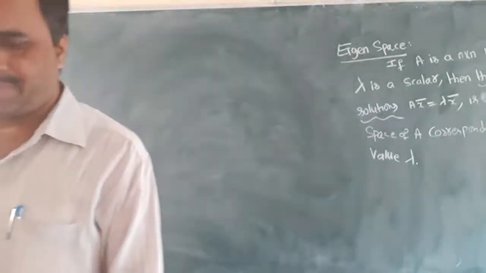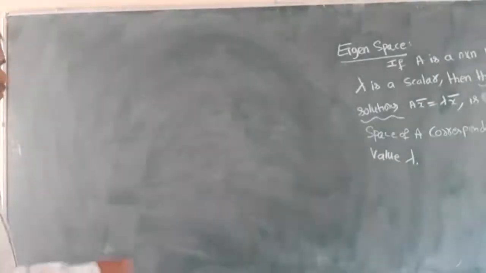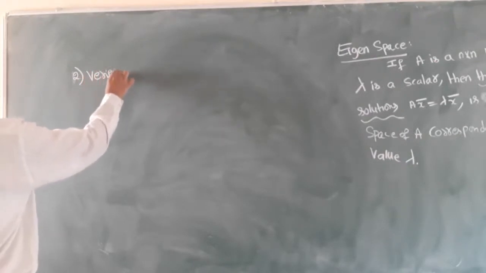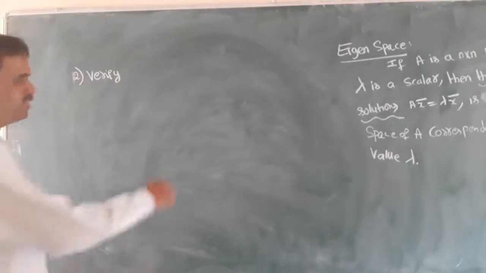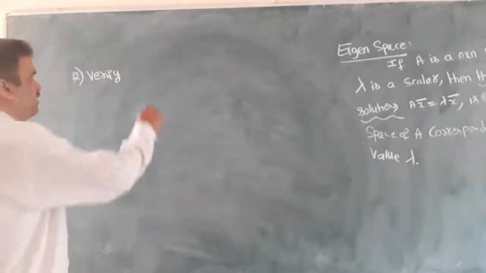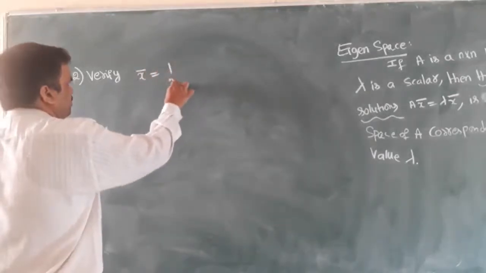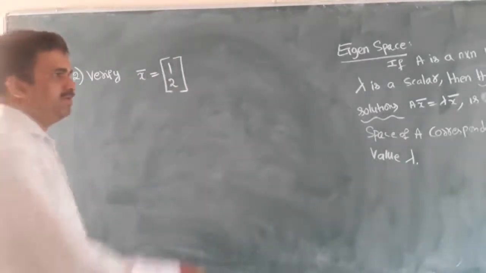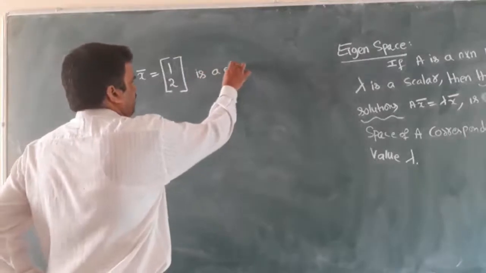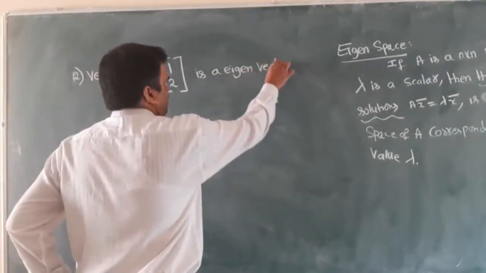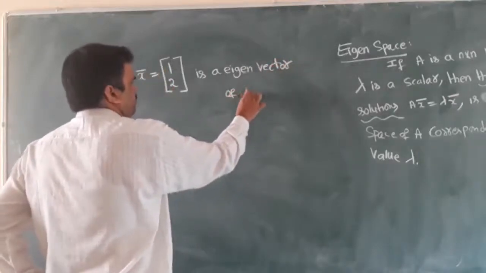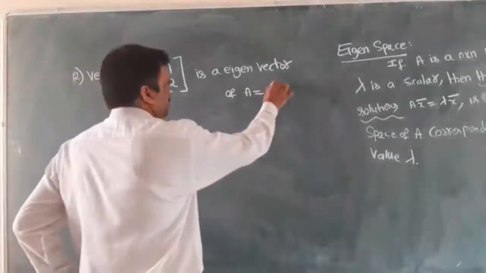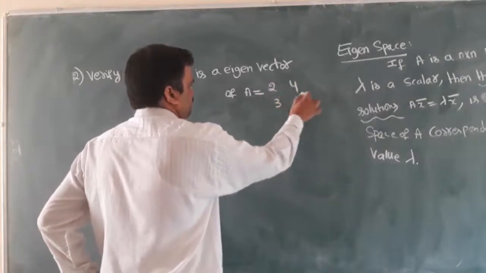Now problem 2. Verify x bar equal to [1; 2] is an eigenvector of A, where A equal to [2, 4; 3, 0].